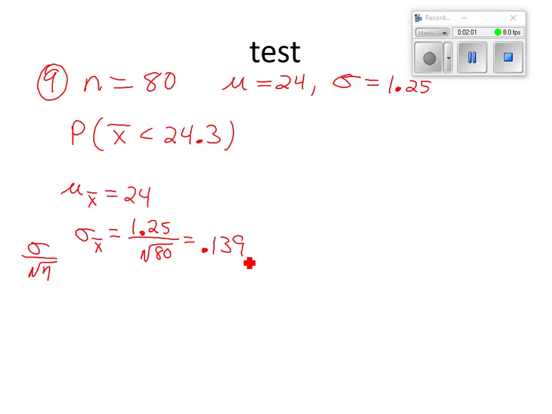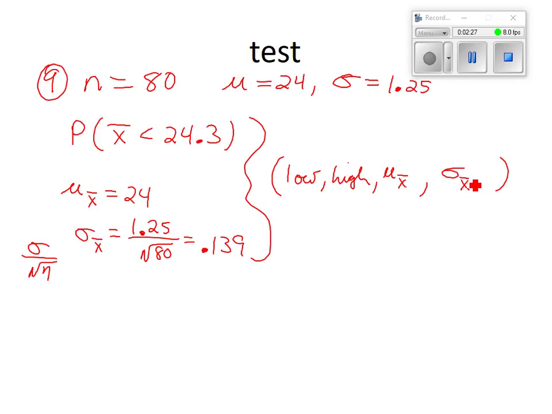Then once we have all that, we're just going to put stuff in our calculator. Remember, in your calculator you want the low limit, high limit, mean of the sample means, and the standard error instead of standard deviation.